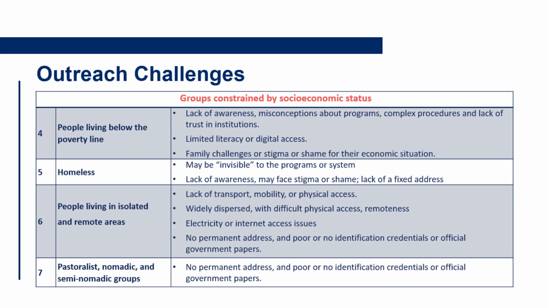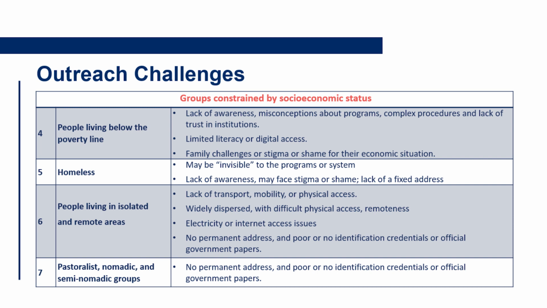Apart from the earlier mentioned groups, there are also other groups constrained by socioeconomic status. This group includes people living below the poverty line, having lack of awareness, misconceptions about programs, limited literacy or digital access, and family challenges or stigma or shame for their economic situation. Then comes another category of homeless, who may be invisible to the program or system and again face lack of awareness or stigma or shame.